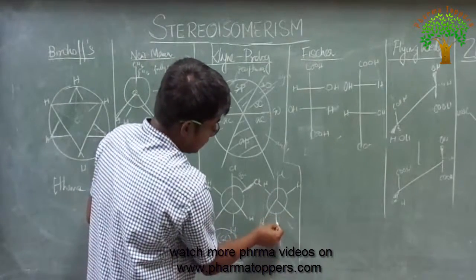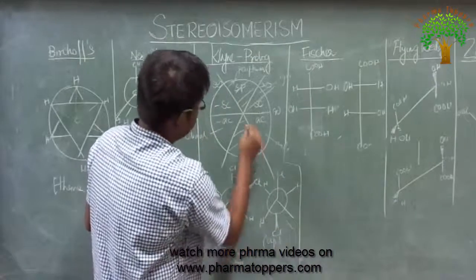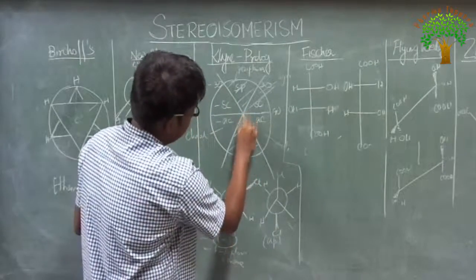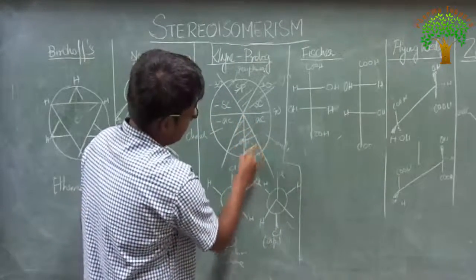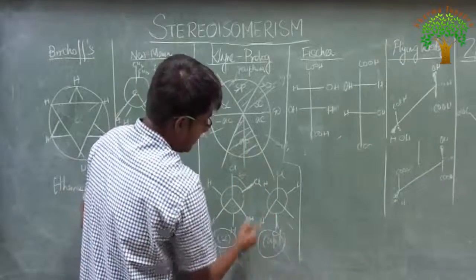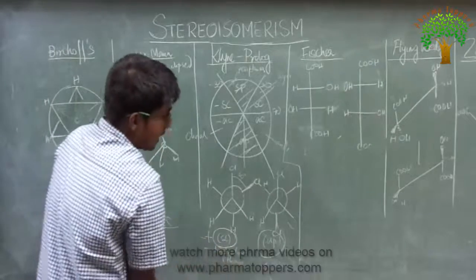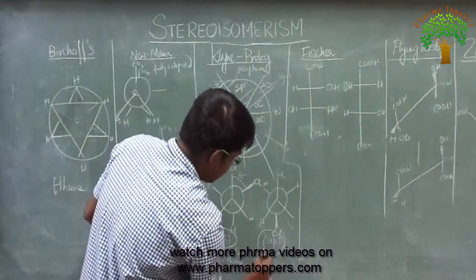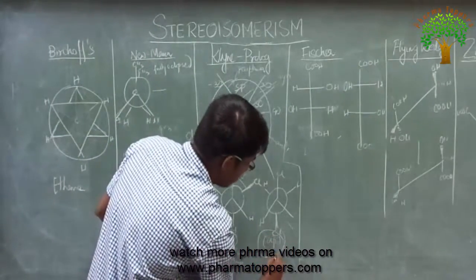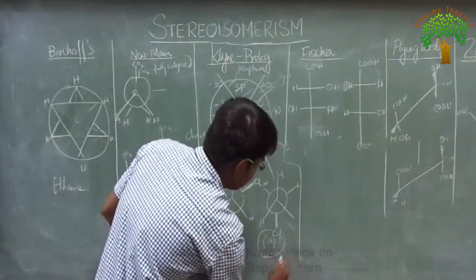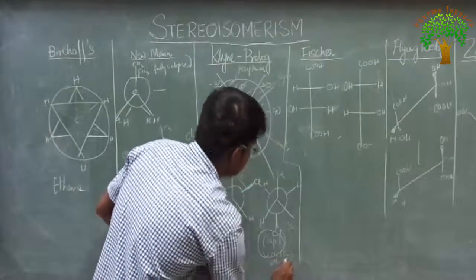This chlorine that you can see is projecting into this shaded part now. So this is nothing but AP, and this we can write as plus Sc. This is nothing but AP 1,2-dichloroethane. This is very important.